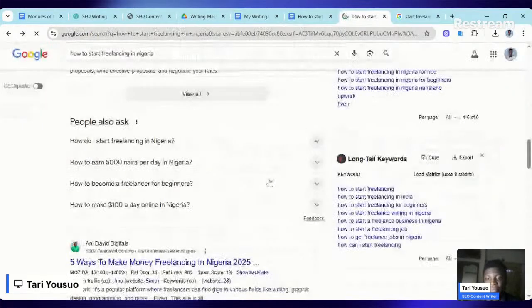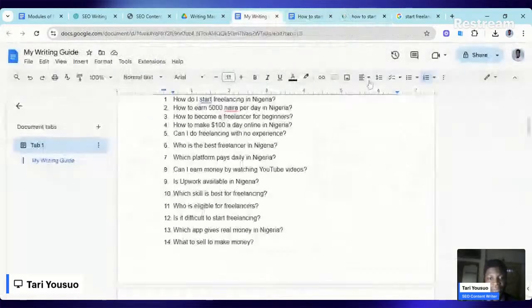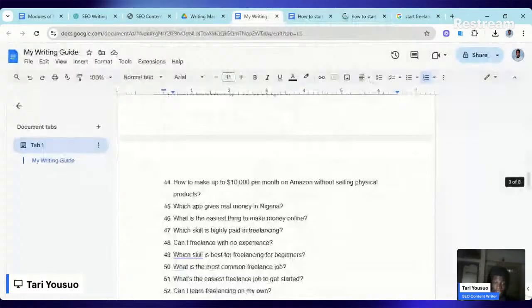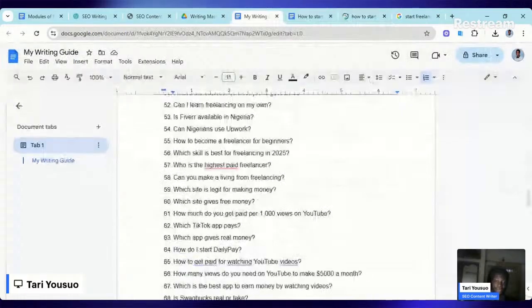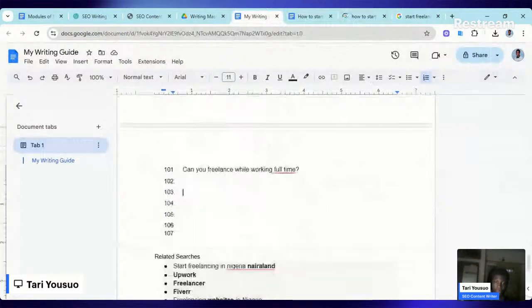And oh, I just lost it. I think I would stick with what I have already. It's a good article. Can you freelance while working full time?